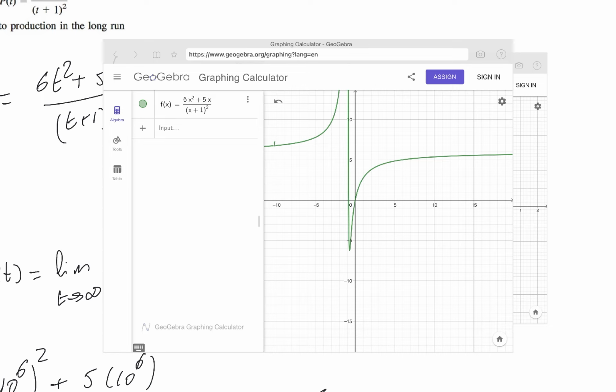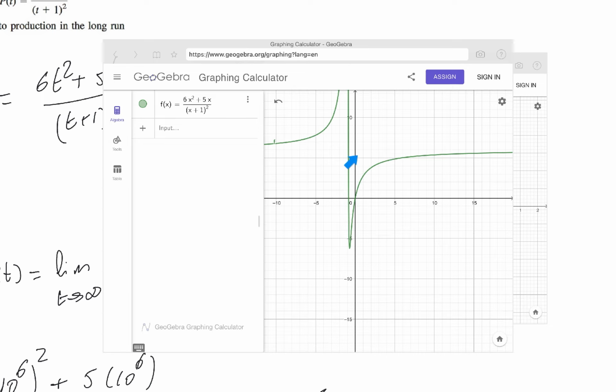Let me draw this line. The 6 is a horizontal line. It goes through here at height 6, and the function is approaching 6 as x goes to infinity. In this case, the x is the t. So we have solved this problem.